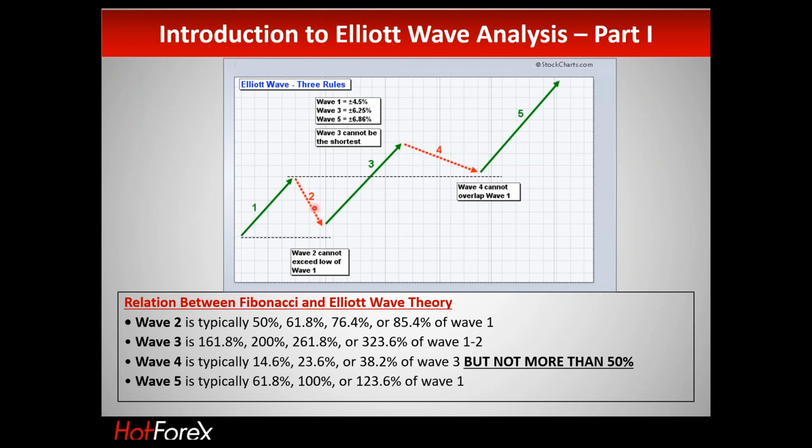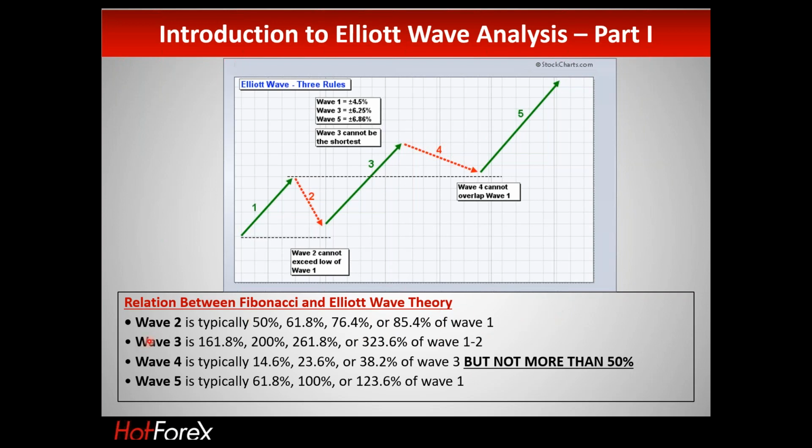So it goes down by 85.4% of the upward movement seen in wave 1, no more than that. If it reaches the wave 1 low, then that's not a corrective wave, so it's likely to continue to the downside. There are a lot of bears in the market.